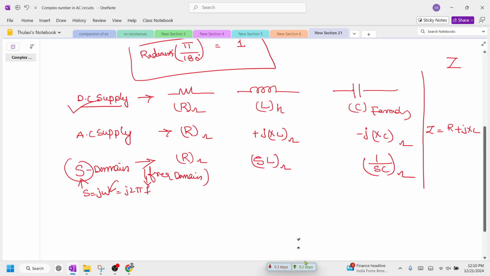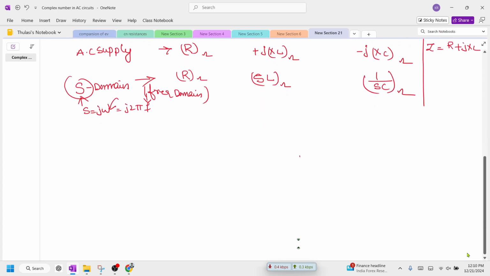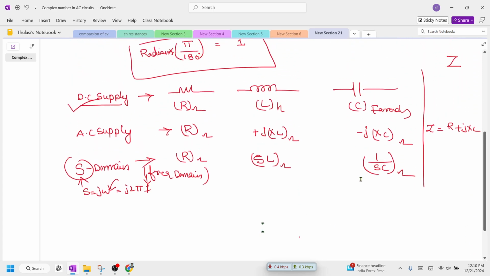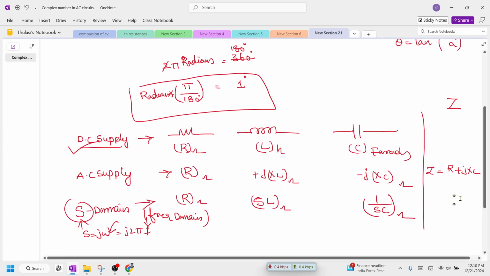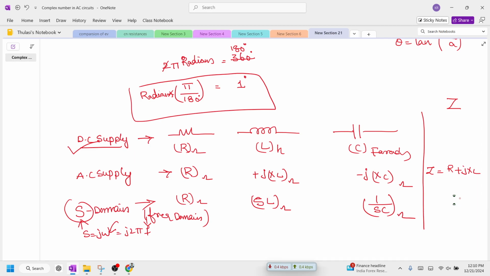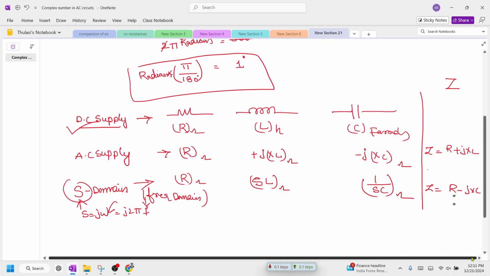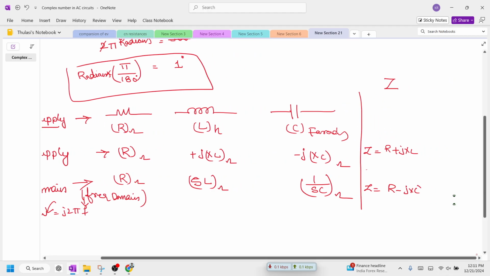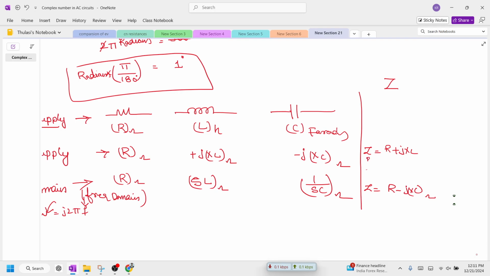Or, with resistor and capacitor, it is R minus j XC ohms.